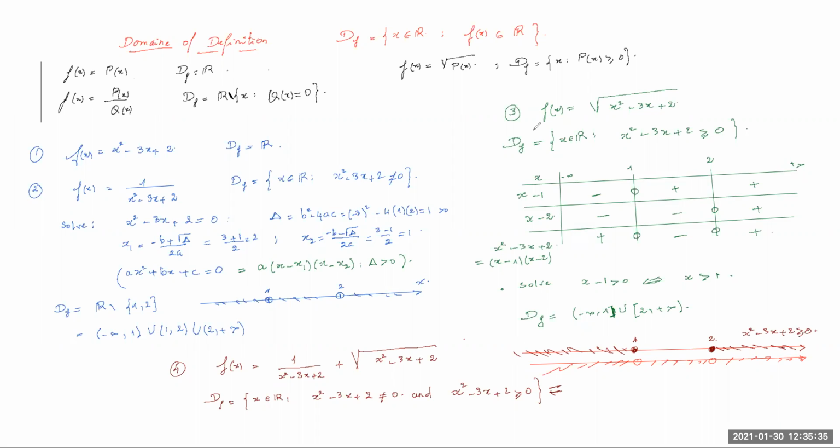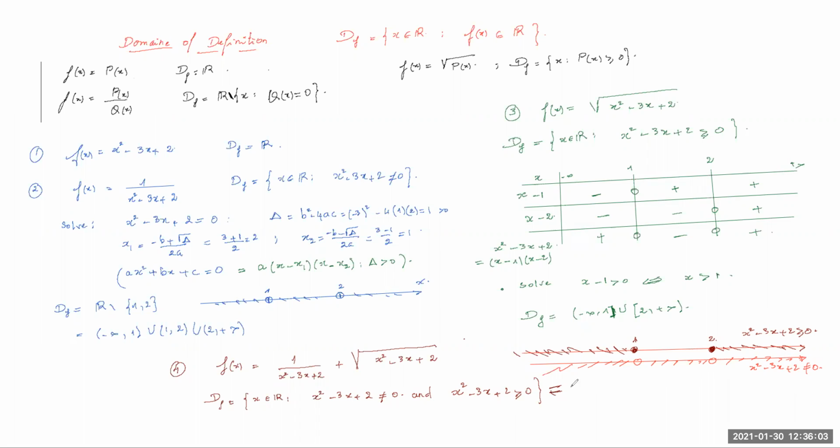The other line shows where x squared minus 3x plus 2 is only different from 0. But we want both to be satisfied. If I want both simultaneously, when I choose an x, I should satisfy this condition and this condition. So I cannot take it here. If I take it here, I will satisfy this one, but not the second one.